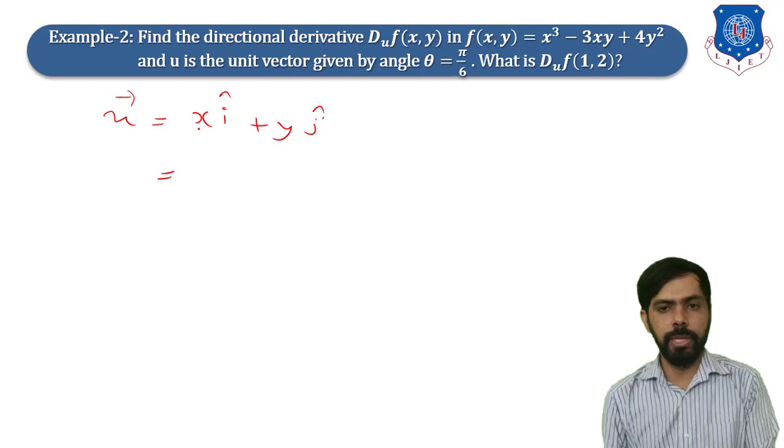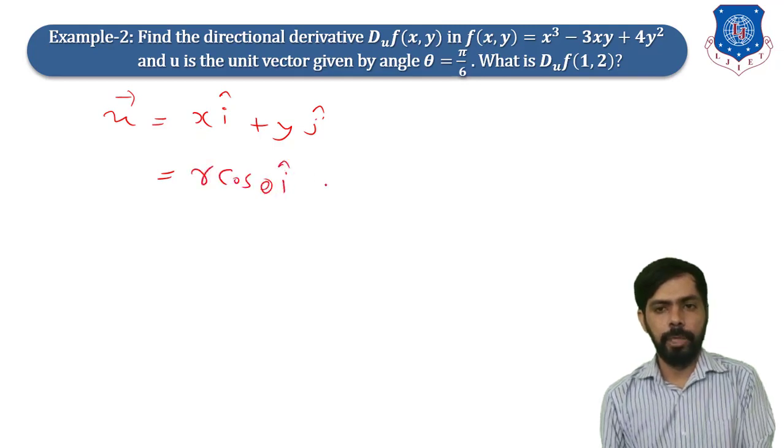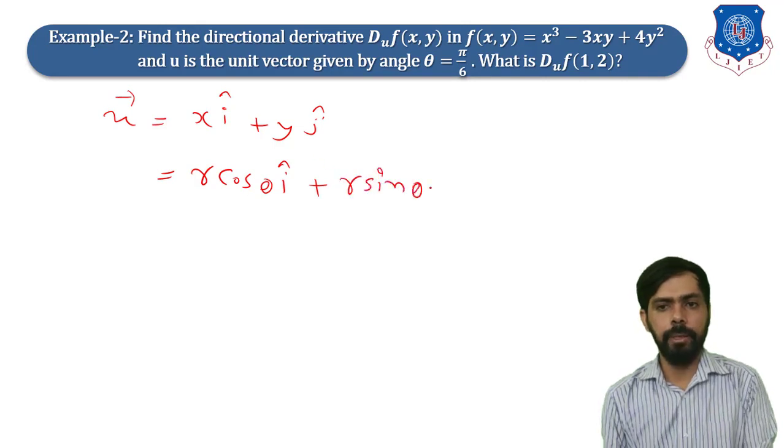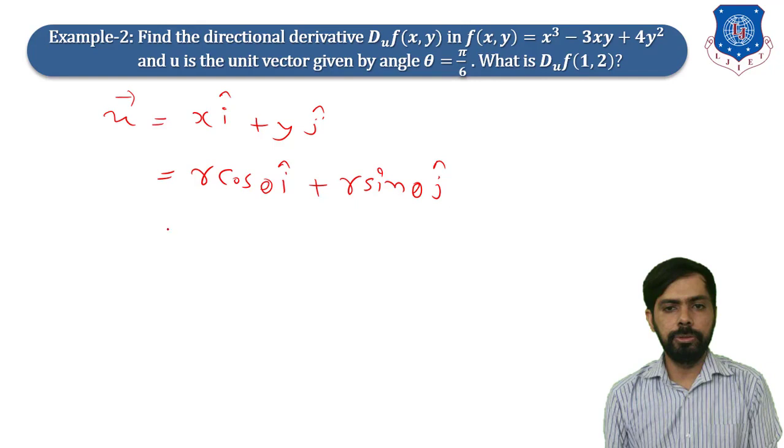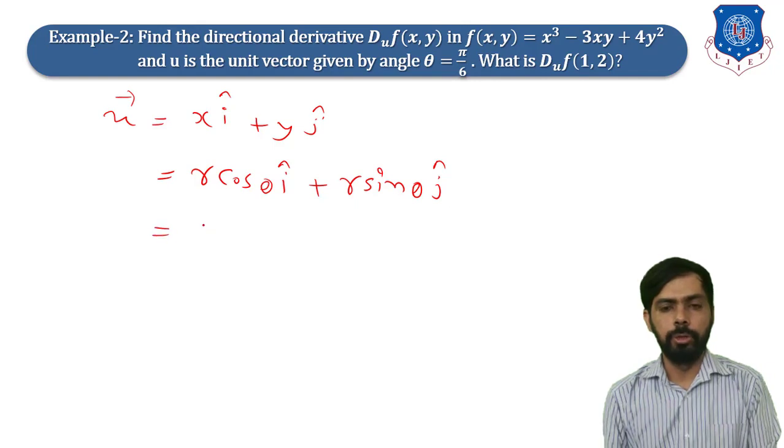So x will be r cos theta i cap plus y will be r sin theta j cap. Clear? Now as we are interested in the unit vector, r will be 1 and theta will be pi by 6.